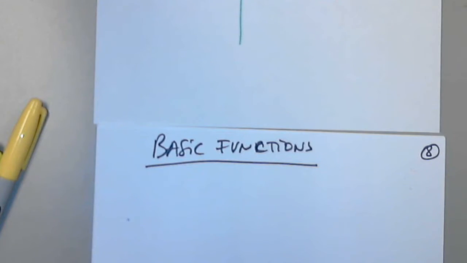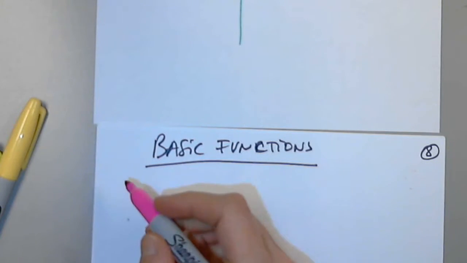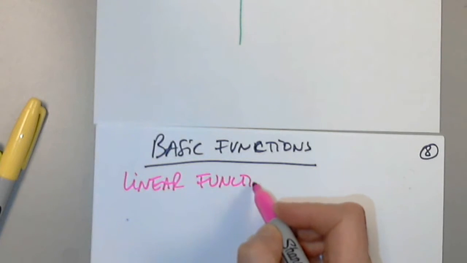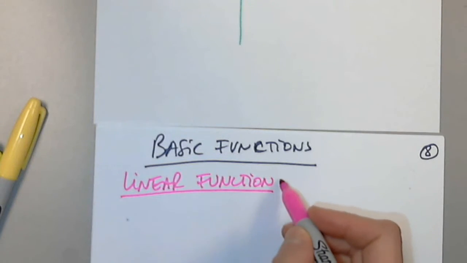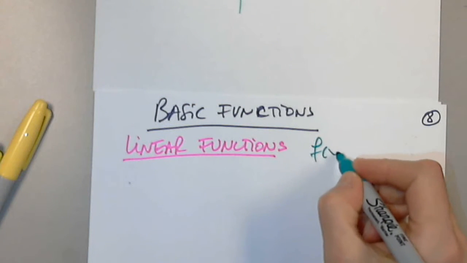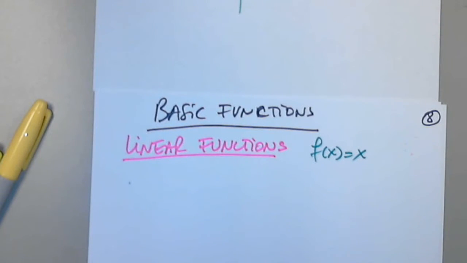I call them basic because from each category there will be the simplest possible function. So from the category of linear functions, can you give me the simplest possible linear function that exists? f of x equals x. That's it. There is no simpler linear function than this one.